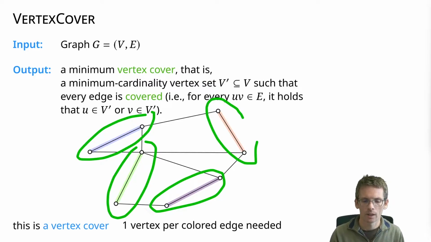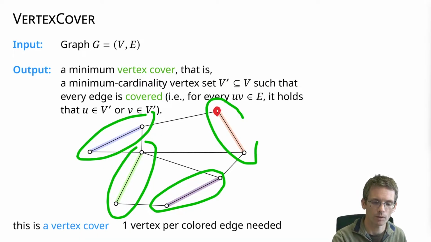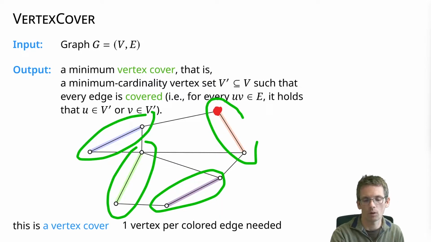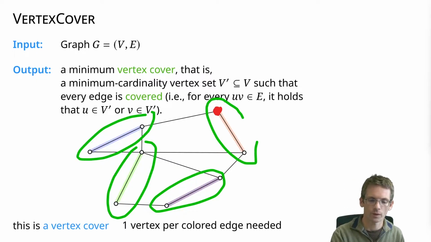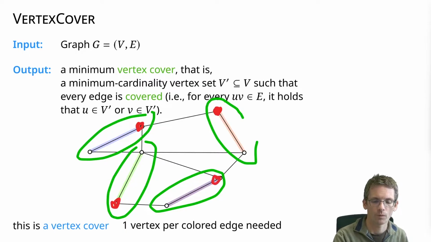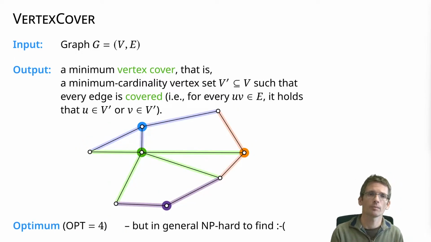But as you see, these edges do not share any vertices. So it's a so-called matching. Since they do not share vertices, a vertex that helps me cover, let's say, the edge on the top right, maybe this vertex here, it's actually only that one or the other endpoint, will not help with the other edges. So for each of these edges, I will need to pick one of its endpoints into the vertex cover. So 4 is optimum here.